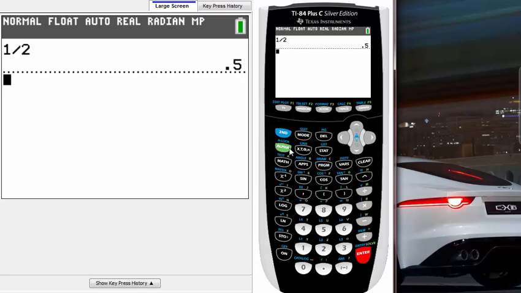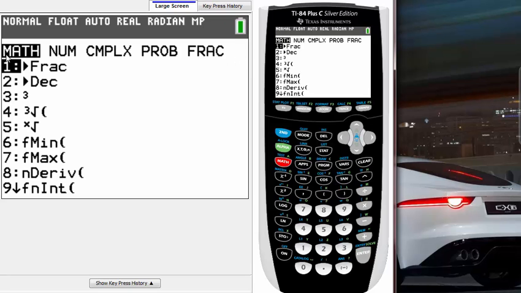If you look below your alpha key, alpha is that green key on your calculator, you'll see a math button. If you push this math button, you'll see several tabs pop up, and what we want here is the first two.